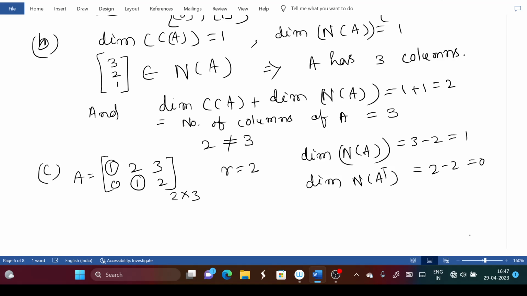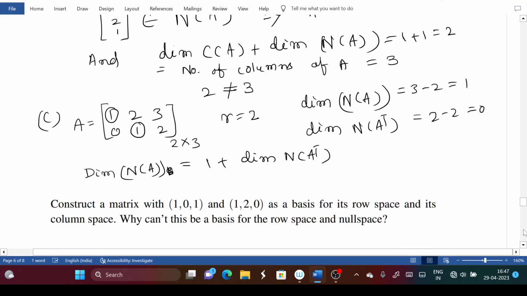So it satisfies the condition that the dimension of the null space of A is equal to 1 plus the dimension of the left null space of A. So such a matrix can be constructed, and we have shown it.